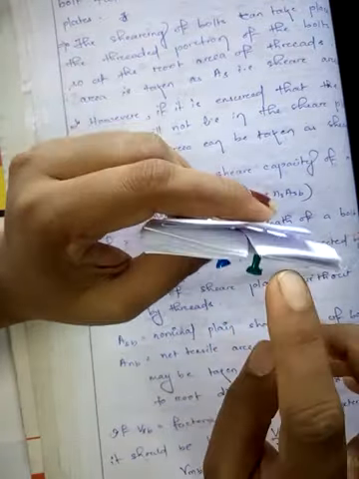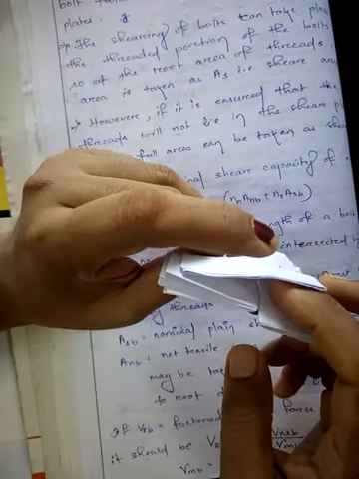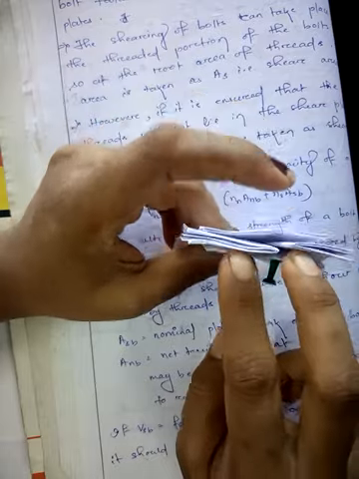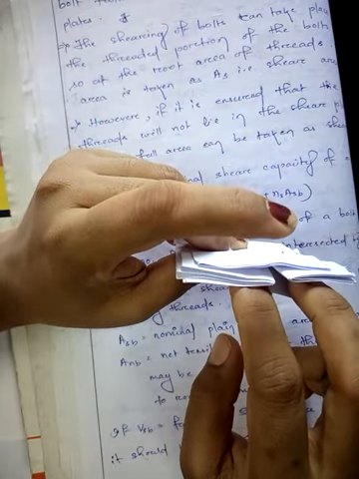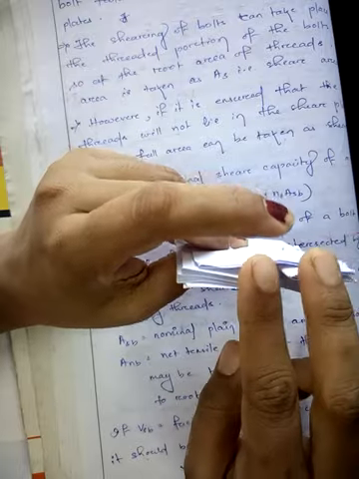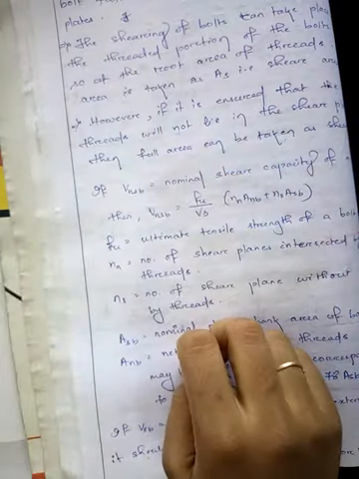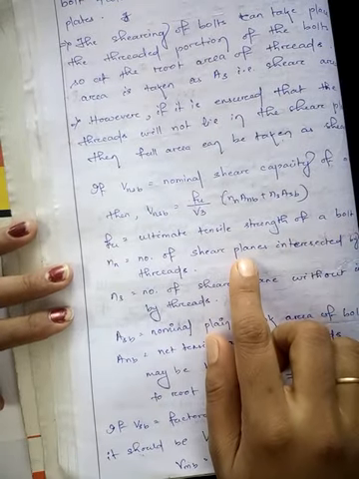So for one bolt, NN is equal to 1 and NS is equal to 1. But for two bolts, because here I have connected two bolts, NN is equal to 2, number of planes coming under the shank is 2 and number of planes coming under the thread is also 2. So this is how number of shear planes are calculated.